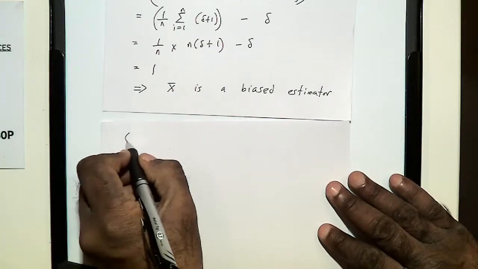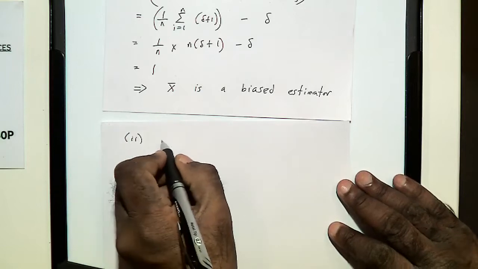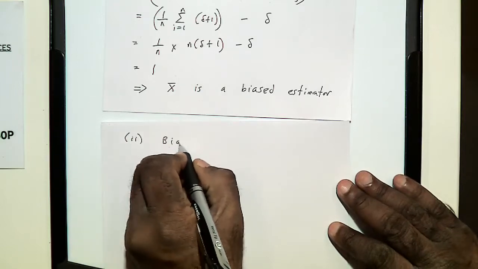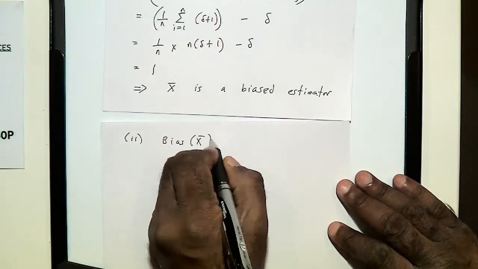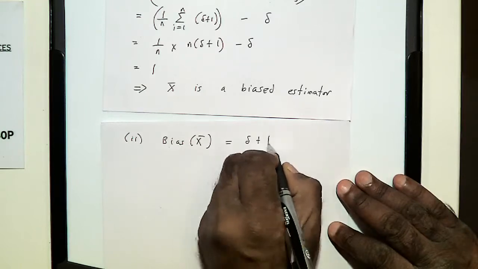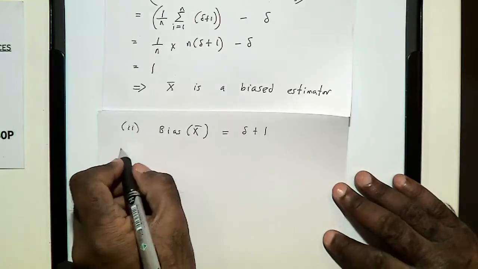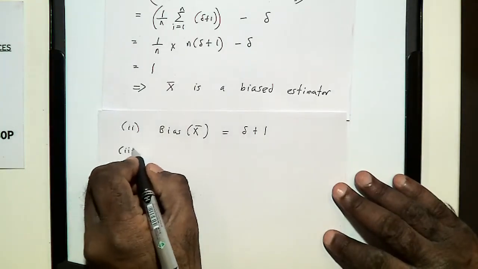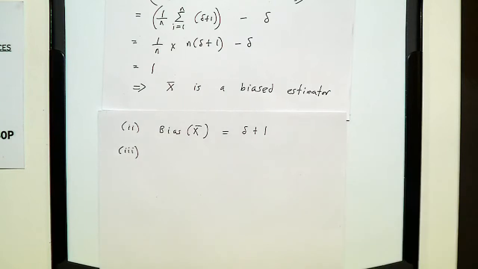We have already done part 2, because part 2 is basically the expression for bias, which we already got here. Part 3 is asking you, can you propose an alternative unbiased estimator for delta?